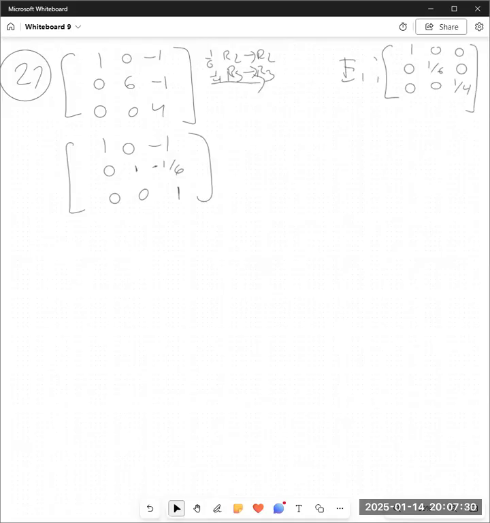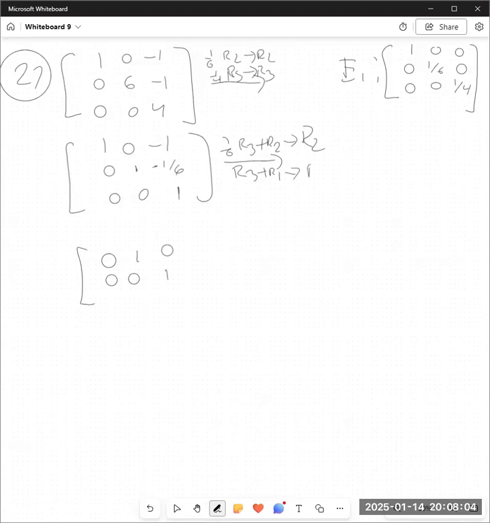So there we go. And then I'm going to take 1/6 of row 3, add it to row 2 to produce a new row 2. That's going to be 0, 1, 0. Also going to take row 3 plus row 1 to produce a new row 1.